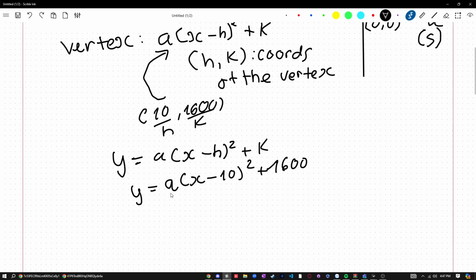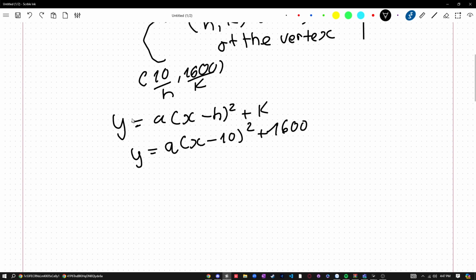So what we need to do here is find the value of a. By substituting 0 in, we get 0 equals a times 0 minus 10 squared plus 1600. So that will give us 0 is equal to 0 minus 10, which is minus 10.